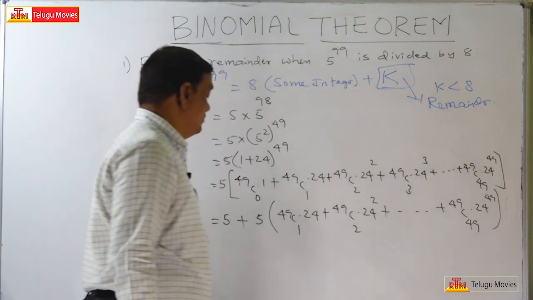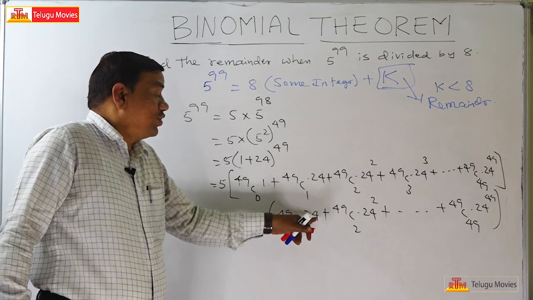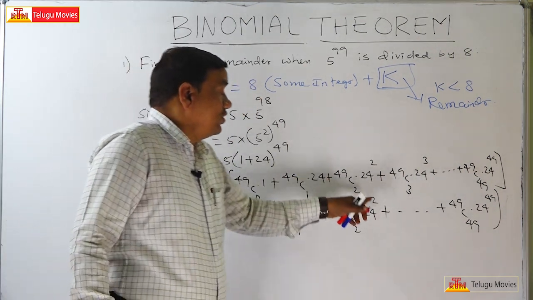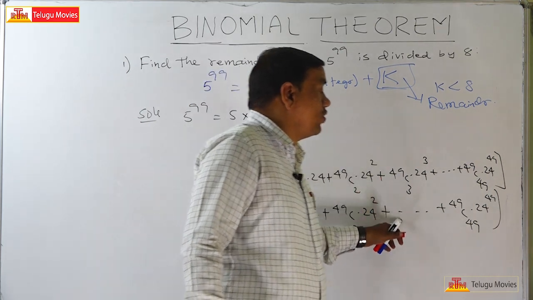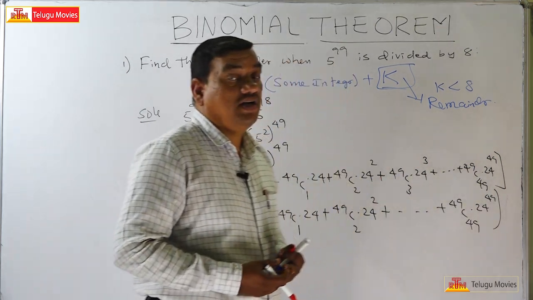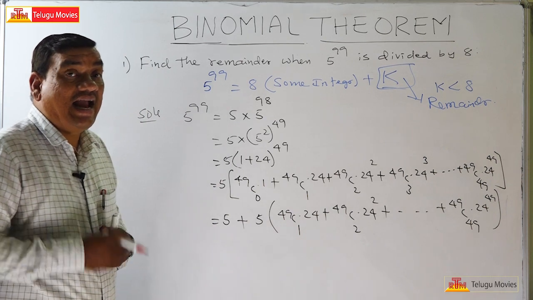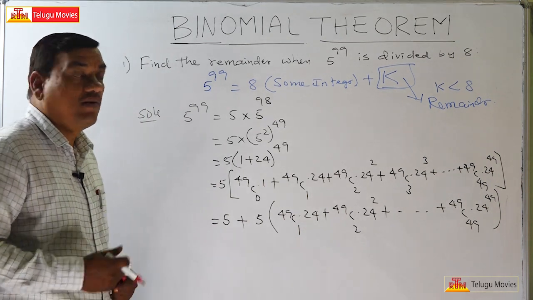See here, 24 is there, 24 whole square, 24 whole cube, 24 whole to the power of 49. So can I take 8 common outside? Yes, I can.